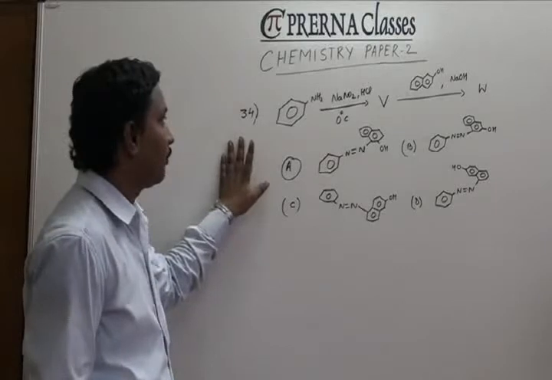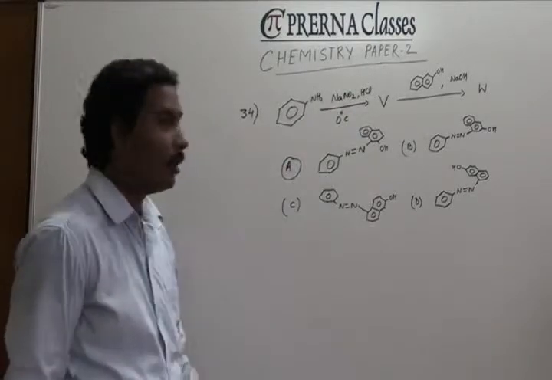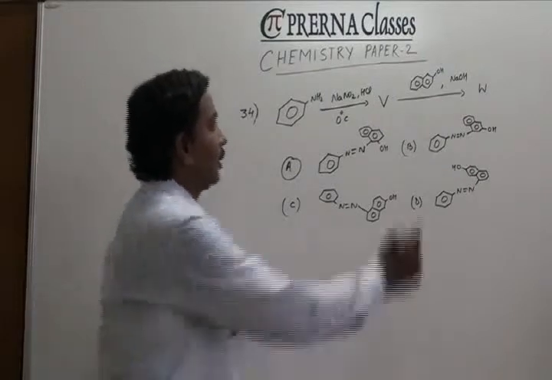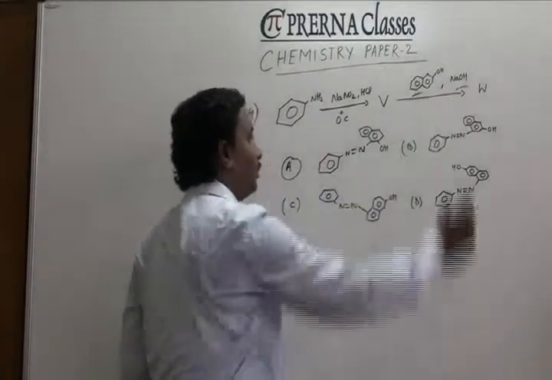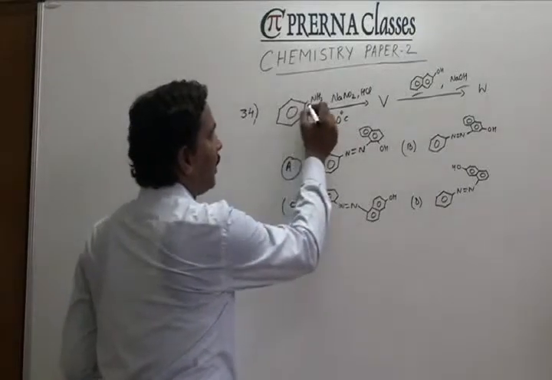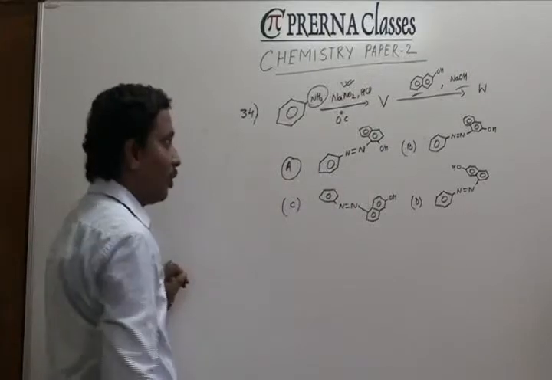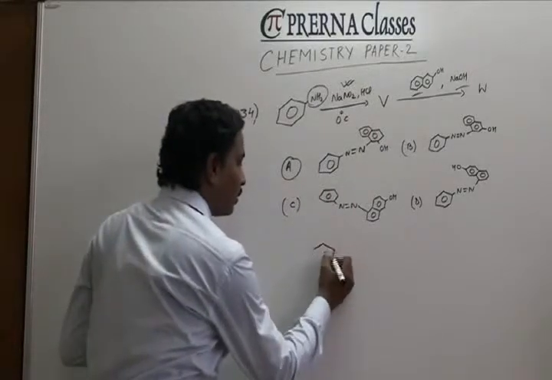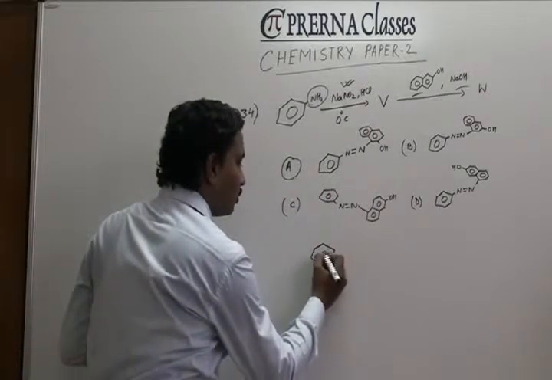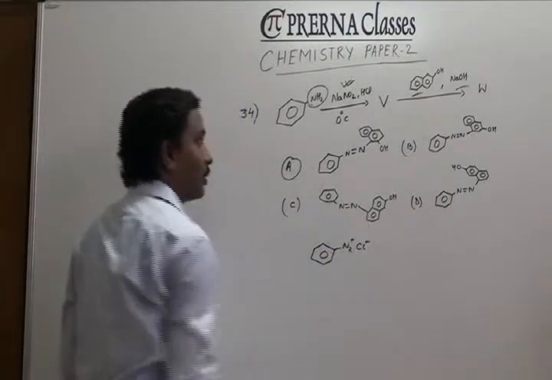Now question number 34. Aniline is reacting with NaNO2 and HCl and then followed by this compound, that is beta naphthol, and NaOH. The first one, NH2 reacts with NaNO2 and HCl, then diazonium chloride will form. That means B is N2+Cl-.